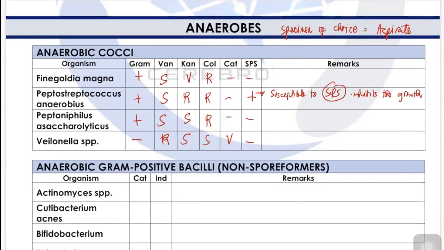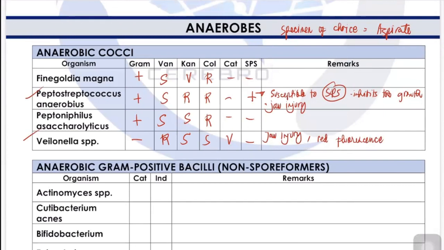Tatandaan din natin dito, recall question to. Yung Peptostreptococcus anaerobius and Veillonella, they are both associated with jaw injury or jaw infection. And pakitandaan na lang din about Veillonella, it has a characteristic red fluorescence when exposed to UV light.